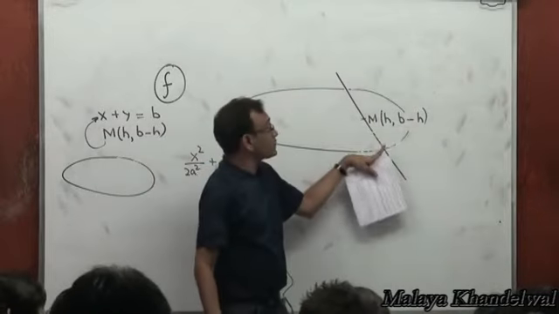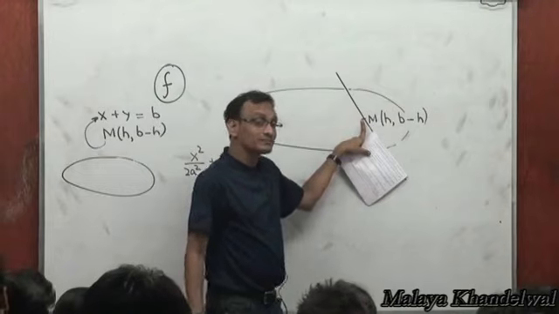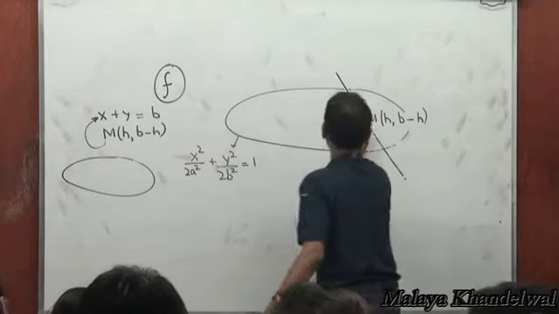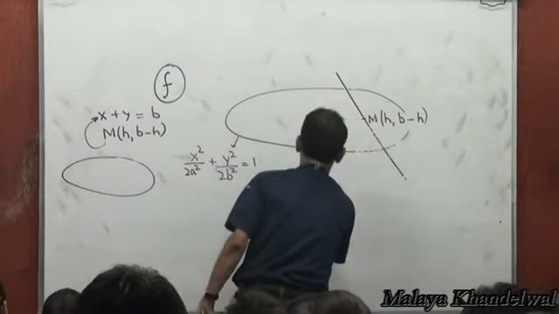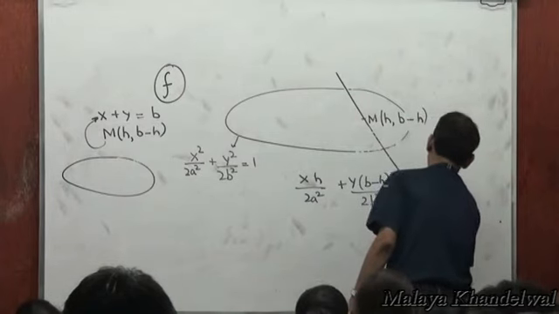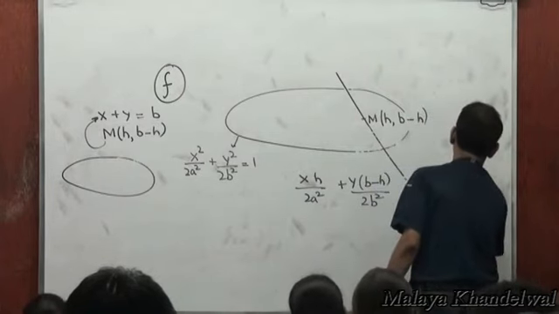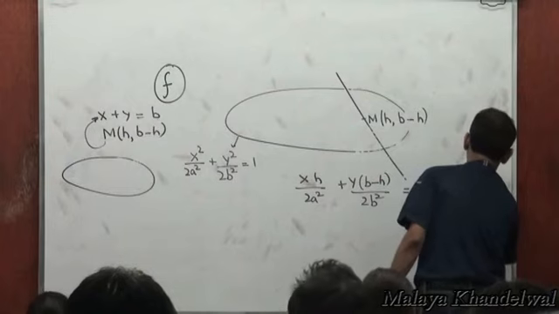Now, can I write the equation of the chord in terms of the midpoint? T equal to S1 would be the equation of the chord, which is going to be x into h by 2a squared plus y into b minus h by 2b squared, equal to h squared by 2a squared plus b minus h whole squared by 2b squared.